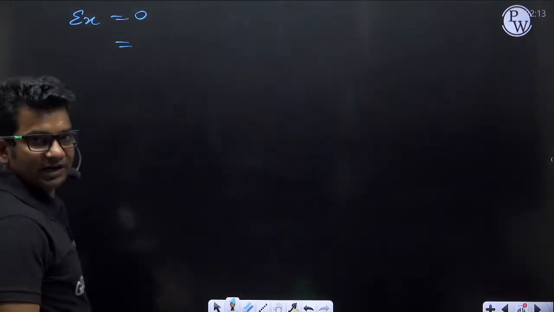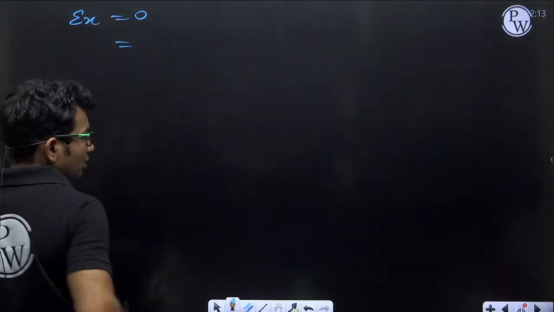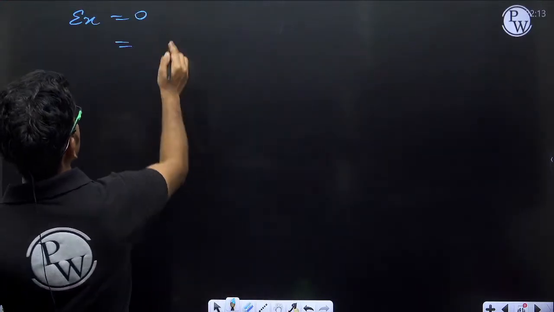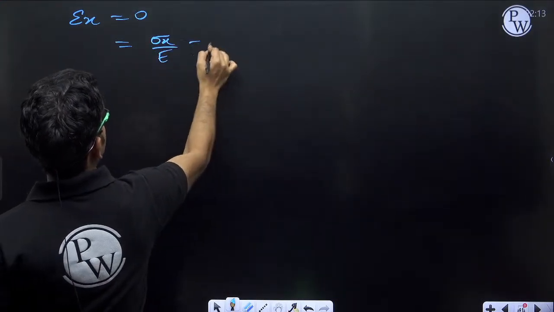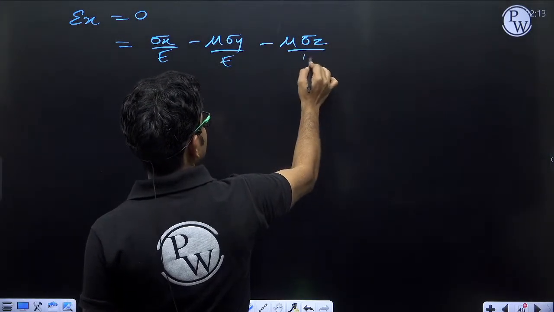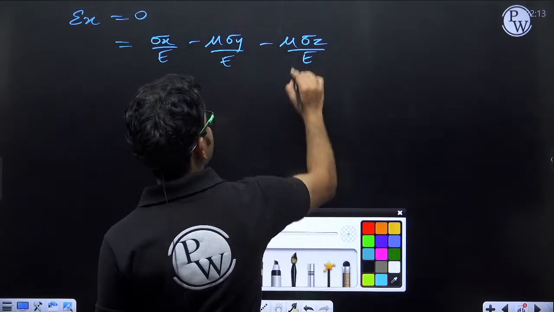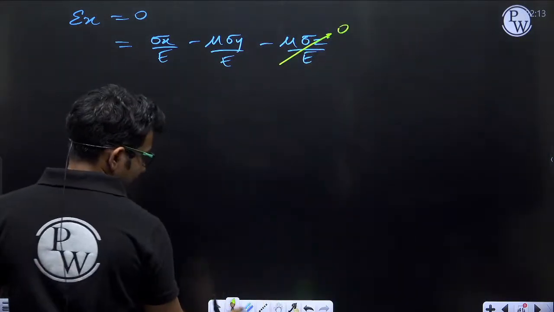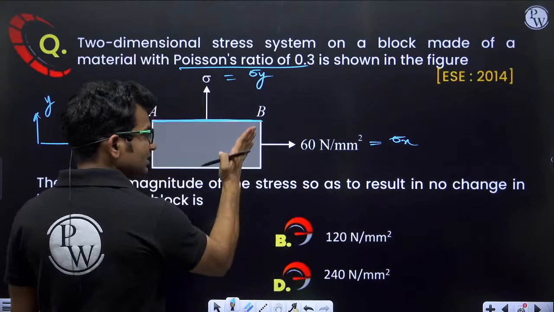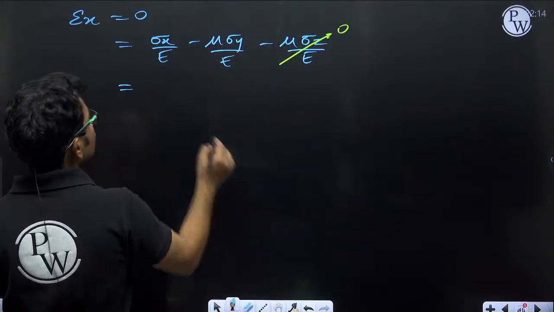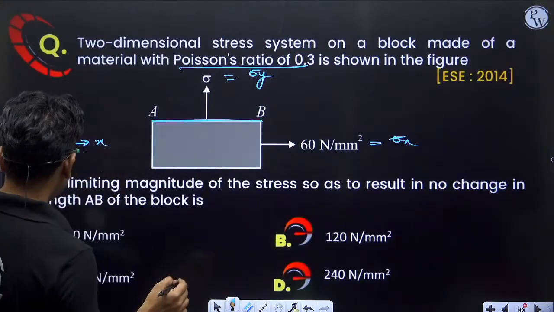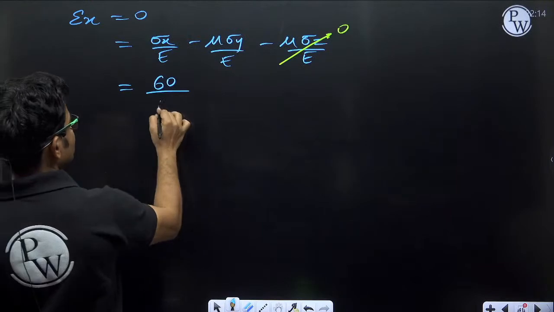For strain in x direction, we should use generalized Hooke's law: sigma x upon E minus mu sigma y upon E minus mu sigma z upon E. Since this is a two-dimensional stress system, the last term is 0, and sigma x is 60 Newton per mm square, tensile, so it is 60 divided by E. Young's modulus is not given, and it is not required either.